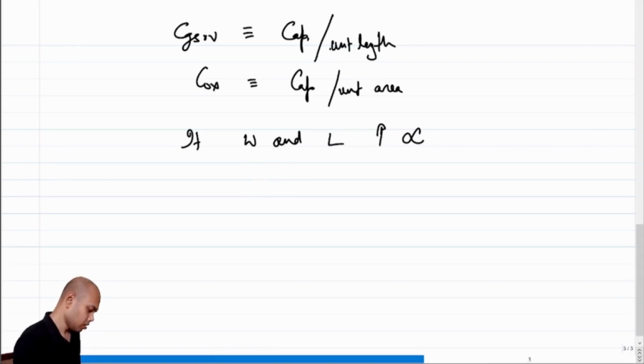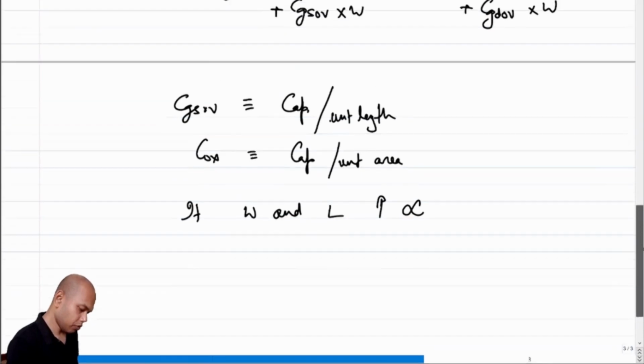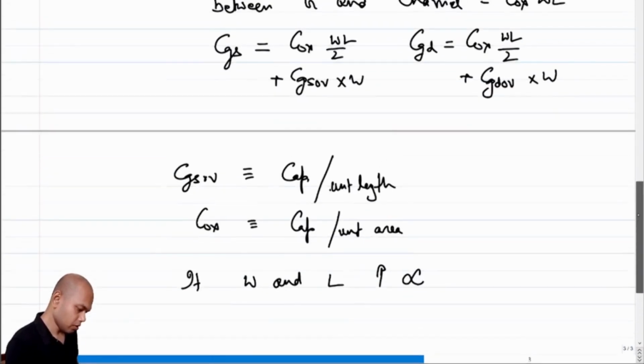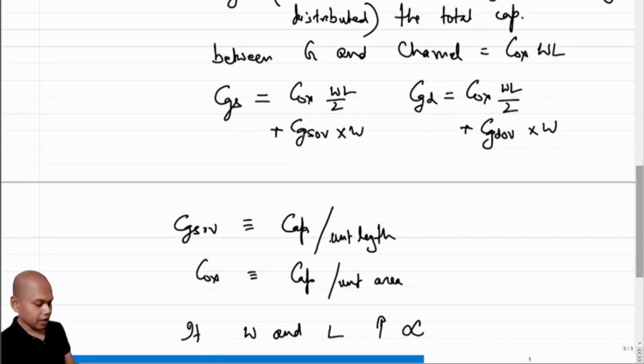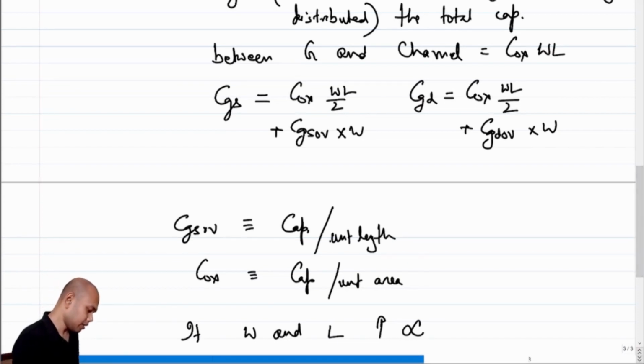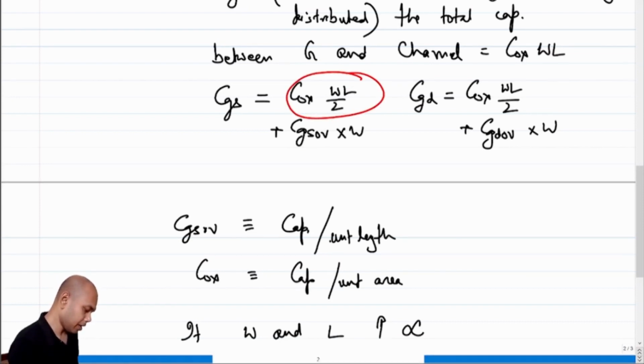So before I proceed, I should also make a comment that instead of saying CGS capacitance, let me call this the channel capacitance, right? So this is a channel capacitance, and this is the other one, the overlap capacitance, right?